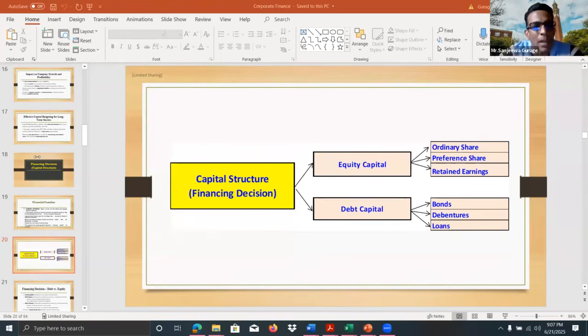As someone has clearly mentioned here, we use a special term in finance. When the debt capital increases, what will happen? The cost of financial distress will increase, and that's what is here. So you have mentioned correctly.